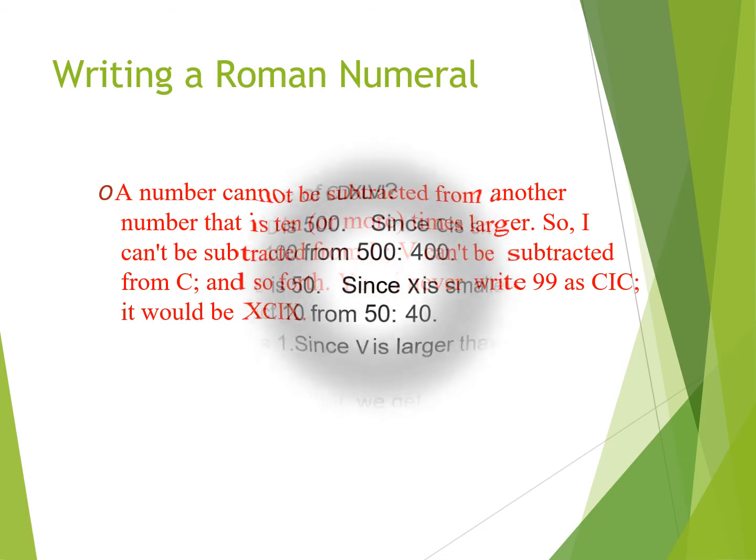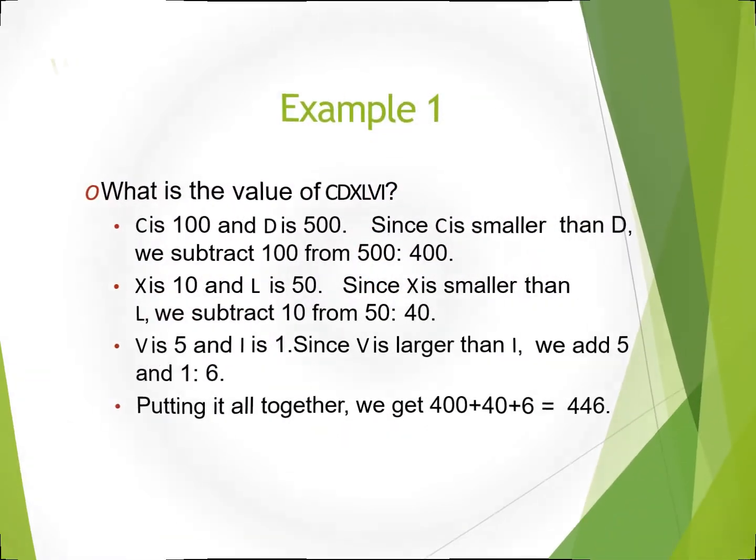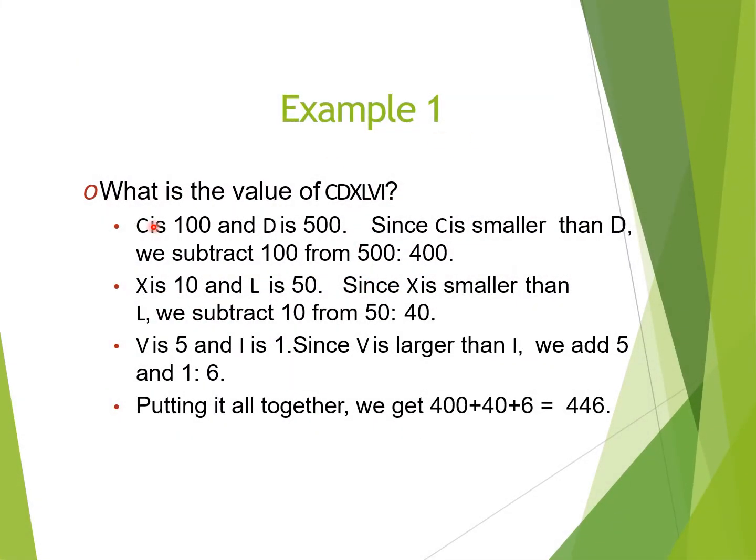Example 1. What is the value of CDXLVI? C is 100 and D is 500. Since C is smaller than D, we subtract 100 from 500, which gives 400. X is 10 and L is 50. Since X is smaller than L, we subtract 10 from 50, which gives 40.